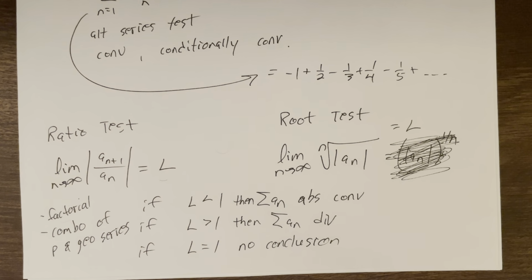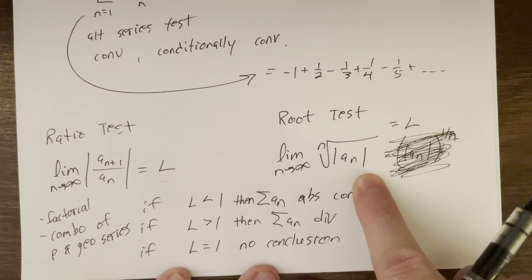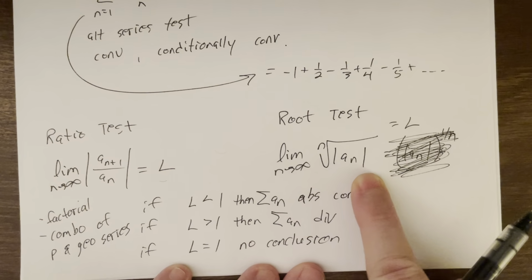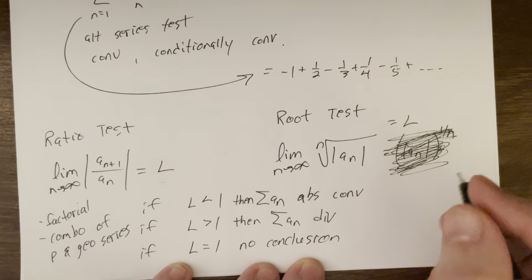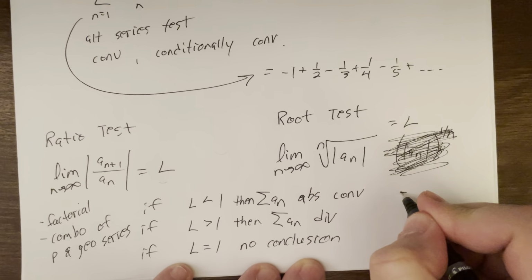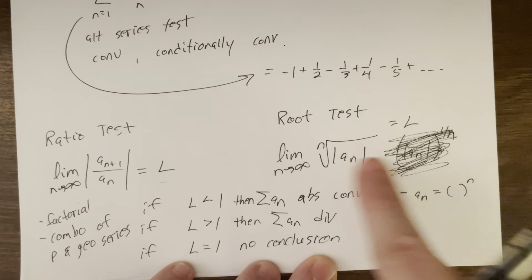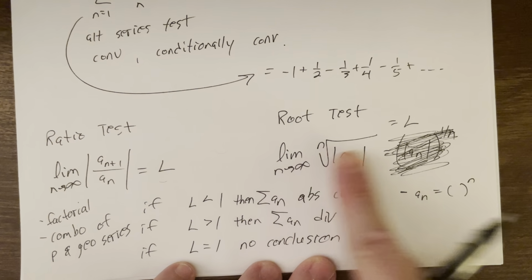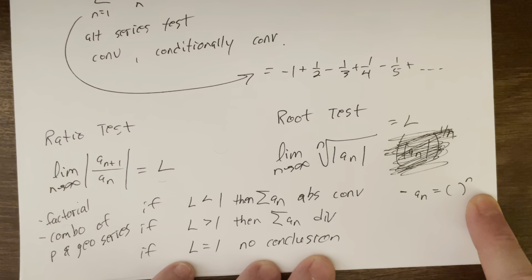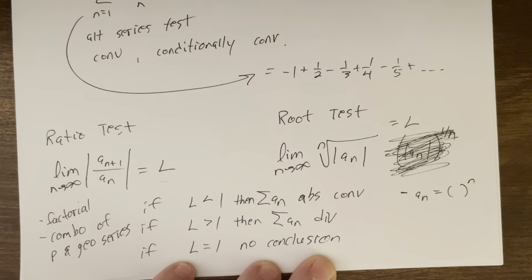The root test, well, not quite, again, we don't have any set in stone rules, but we can still get some common situations here. If a sub n can be written as something to the nth power, well, then the nth root and the nth power will simplify, and that often leads to a very simple result here.